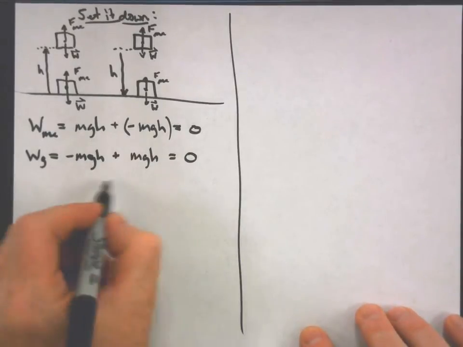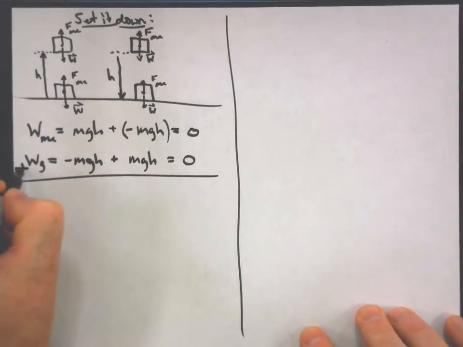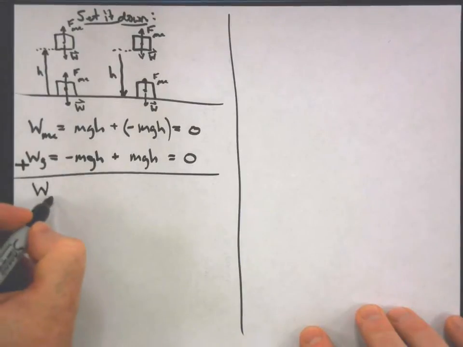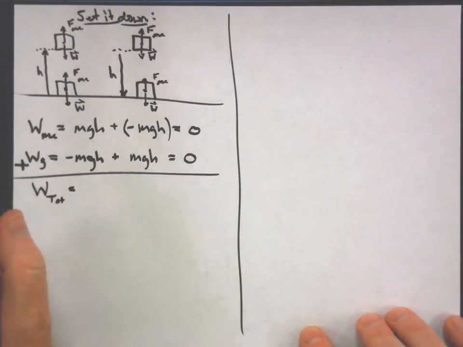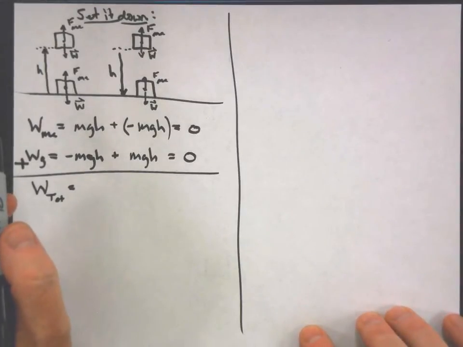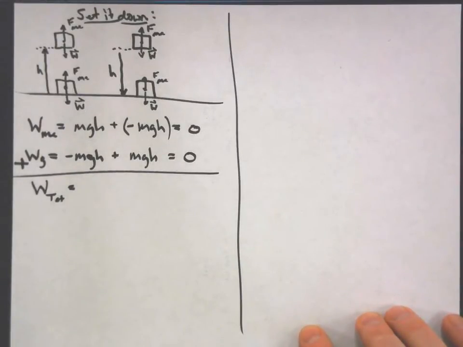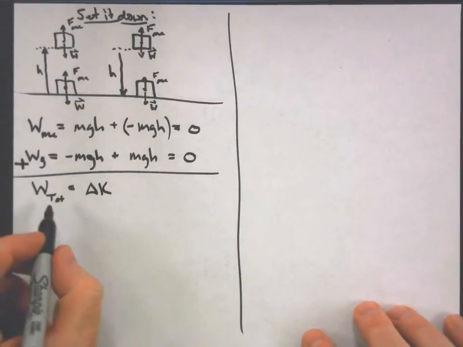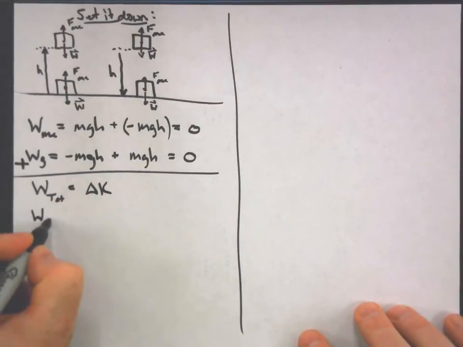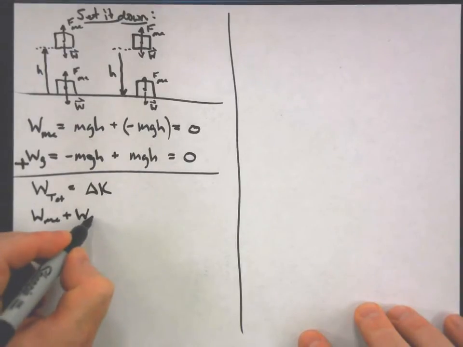So how about the total work? Well, we have to add these together. Work total, okay, it's going to equal, well, work total, we know, is equal to change in kinetic energy. But what is the work total? The work total is work of me plus work by gravity.